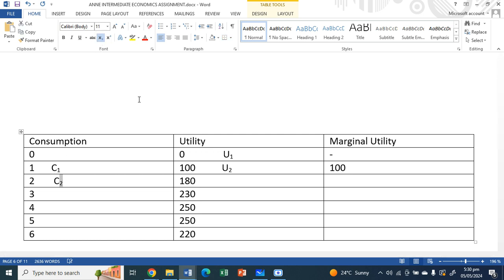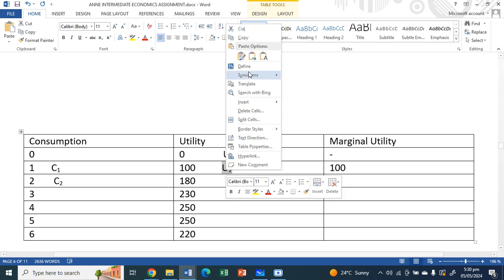Then we're moving from 100 UTUs to 180 UTUs. So our new utility is going to be U2.